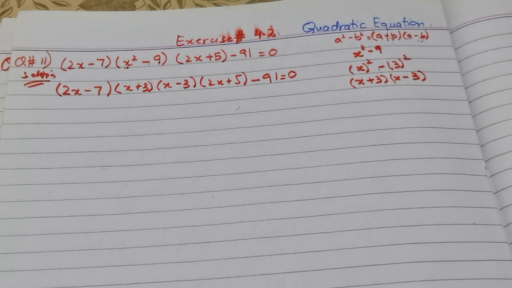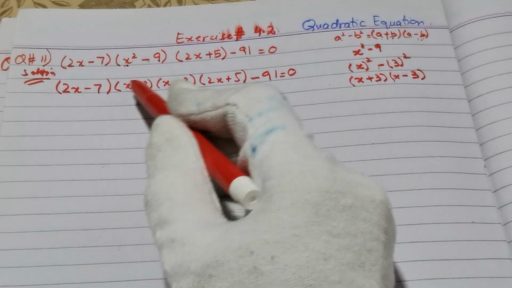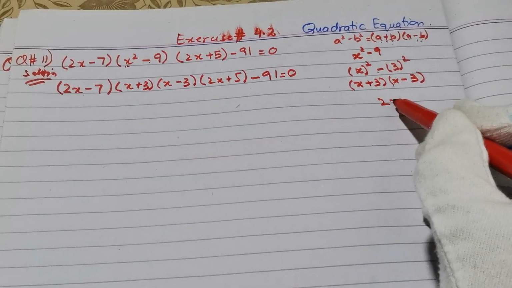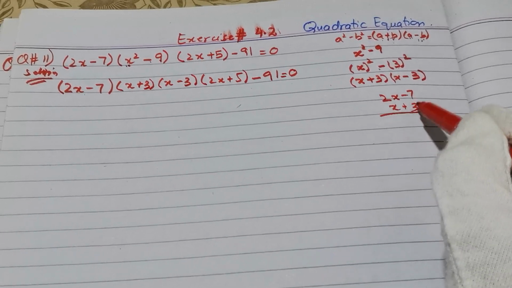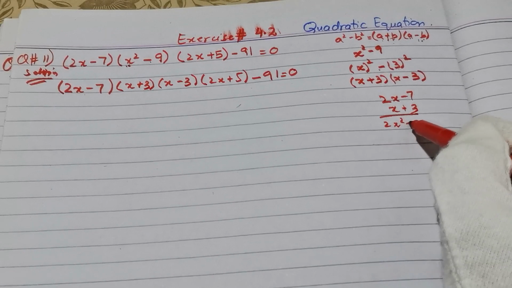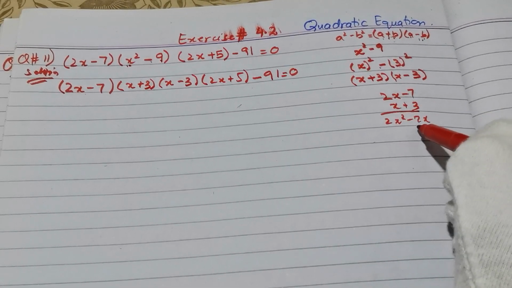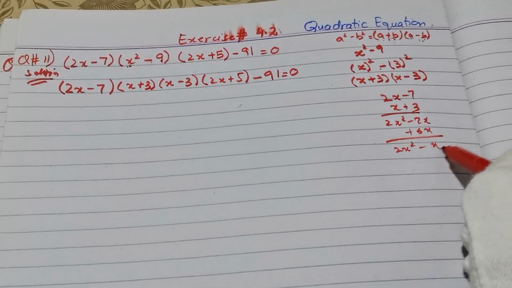Now these are four terms and we will make pairs. If we multiply these two terms, what will we get? (2x minus 7) into (x plus 3): 2x square minus 7x plus 6x, 2x square minus x.